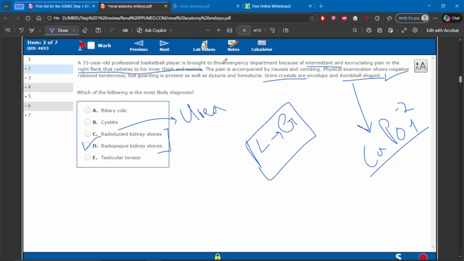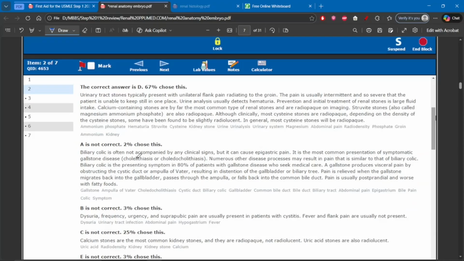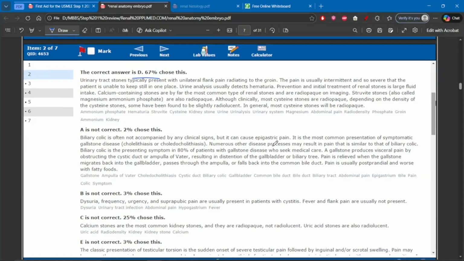They are irregular shaped or spiculated. But uric acid stones would also be seen in a patient of gout, a patient undergoing chemotherapy, or a patient that has hyperuricemia of any kind. So the correct answer is D, and you can read this as well.